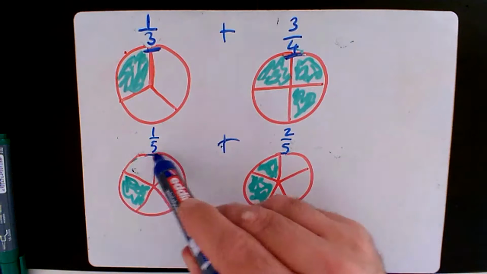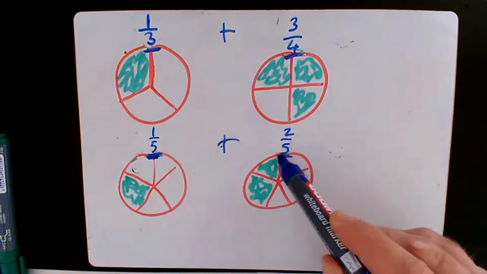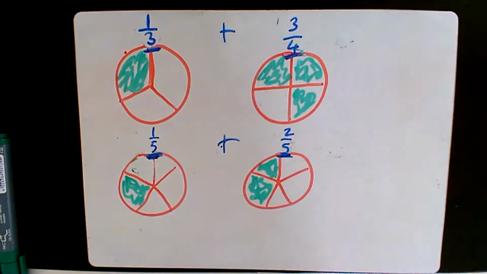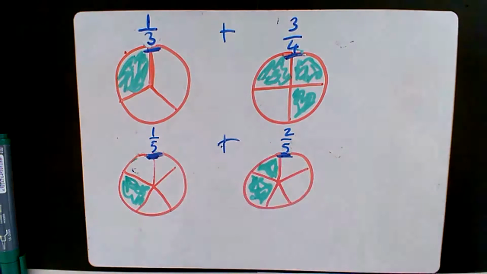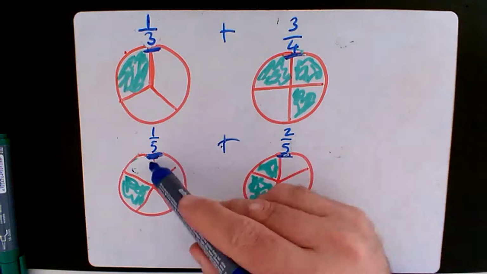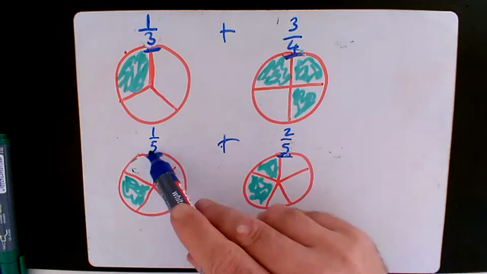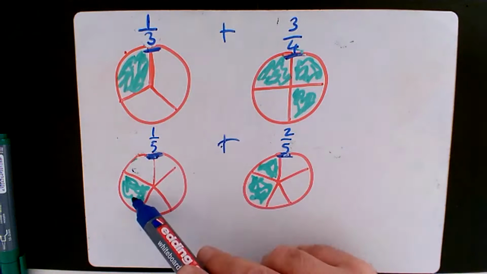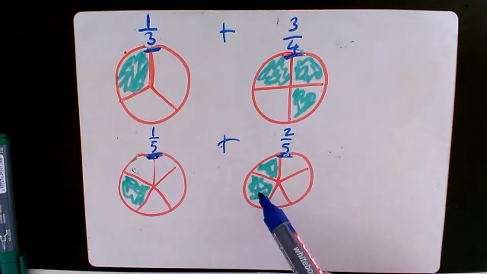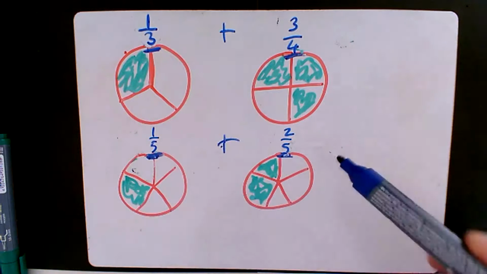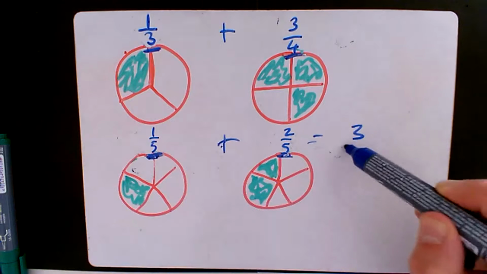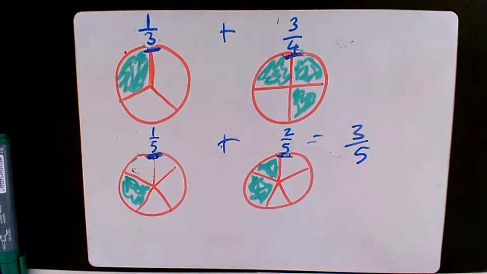The denominators are the same, and this is the key when adding or subtracting fractions: the denominator being the same. If I ate 1/5 of a pizza, and then I ate another 2/5 of a pizza, in total I've eaten 3/5 of a pizza.